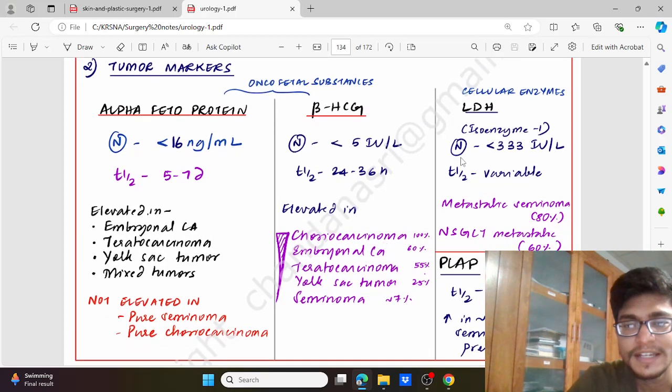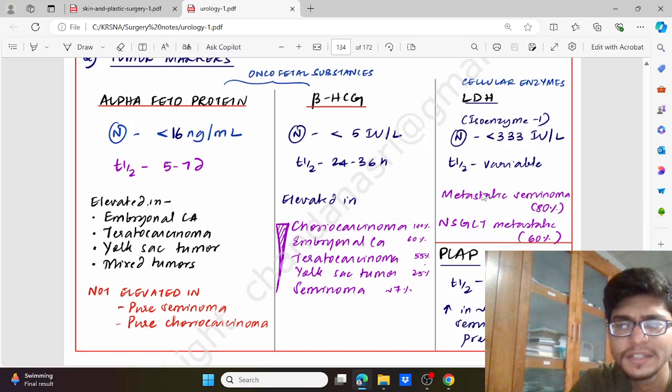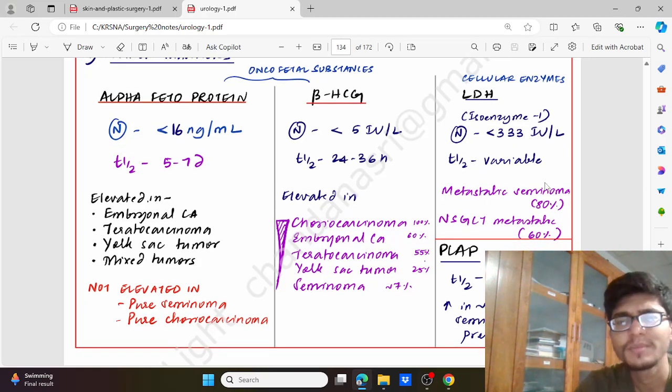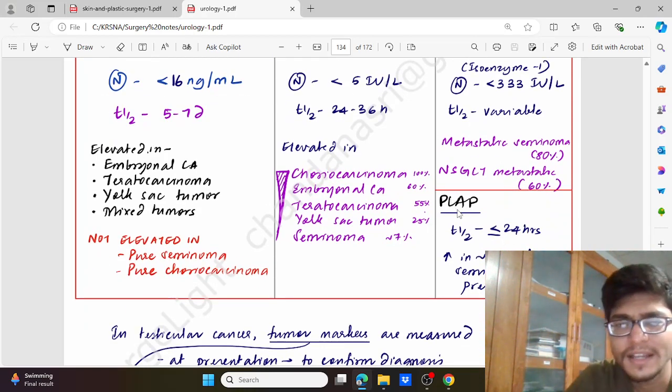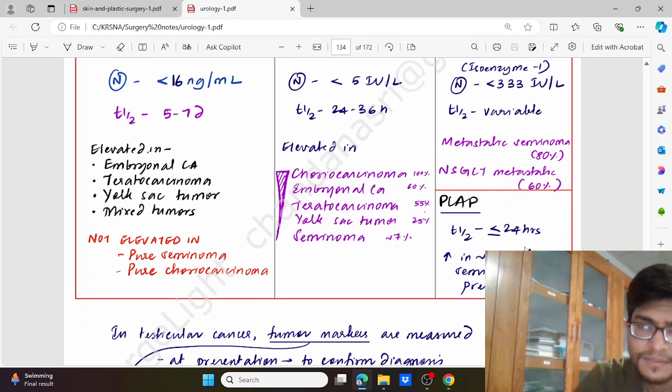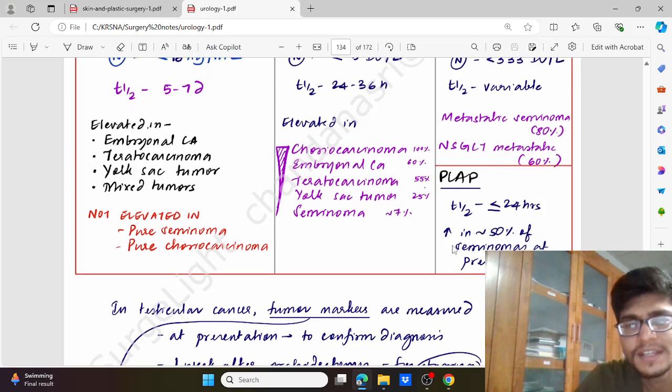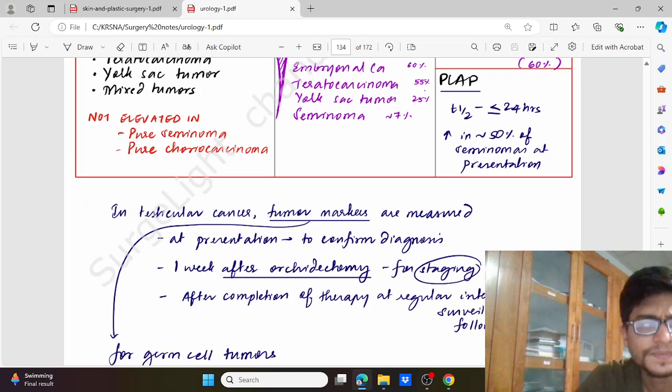Then we have LDH, that is isoenzyme 1. Normally it is less than 333 international unit per liter. Half-life is variable. Seen in metastatic seminoma in 80% of cases and metastatic non-seminomatous germ cell tumor in 60% of cases. And placental alkaline phosphatase, PLAP, half-life is less than 24 hours, increased in 50% of cases of seminoma at presentation.